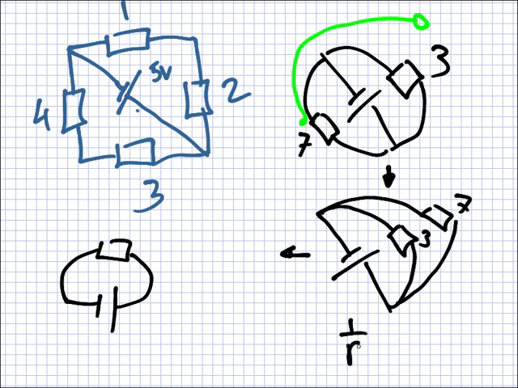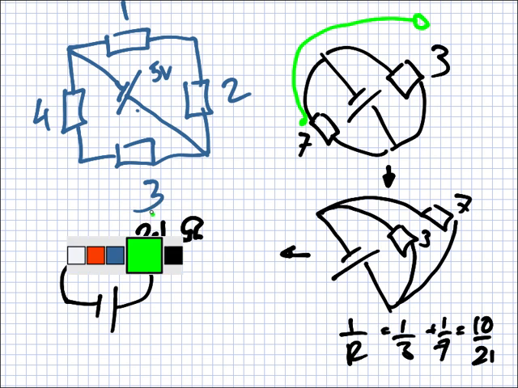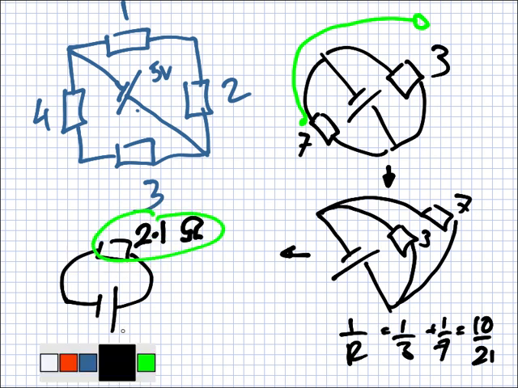So 1 over R equals 1 over 3 plus 1 over 7. That's 10 over 21. So this one here is 2.1 ohms. Now look, we know the R, and we also know the voltage: 5 volts.